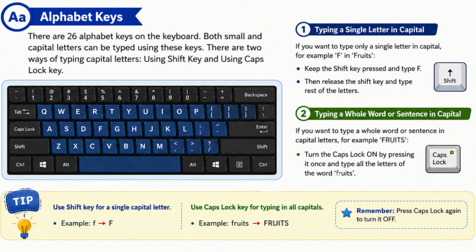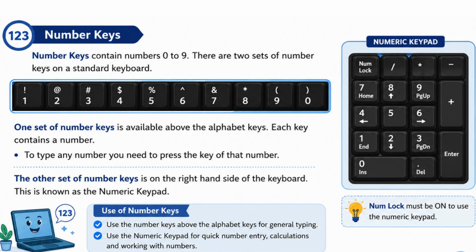Now if you want to type the whole paragraph or a sentence, then you have to press the caps lock key. The second point says turn the caps lock on by pressing it once and type all the letters of the word fruit. Now we have numbers key that is from 0 to 9. There are two sets of number keys on a standard keyboard.